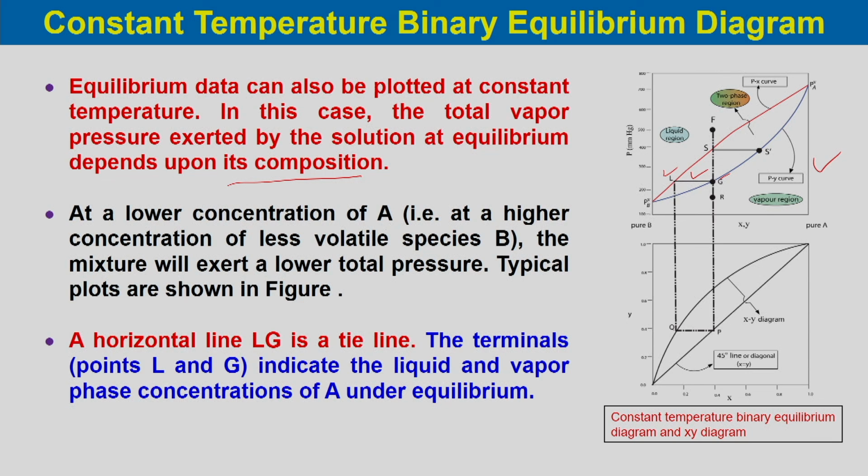The terminal points L and G indicate the liquid and vapor phase concentration of A under equilibrium.